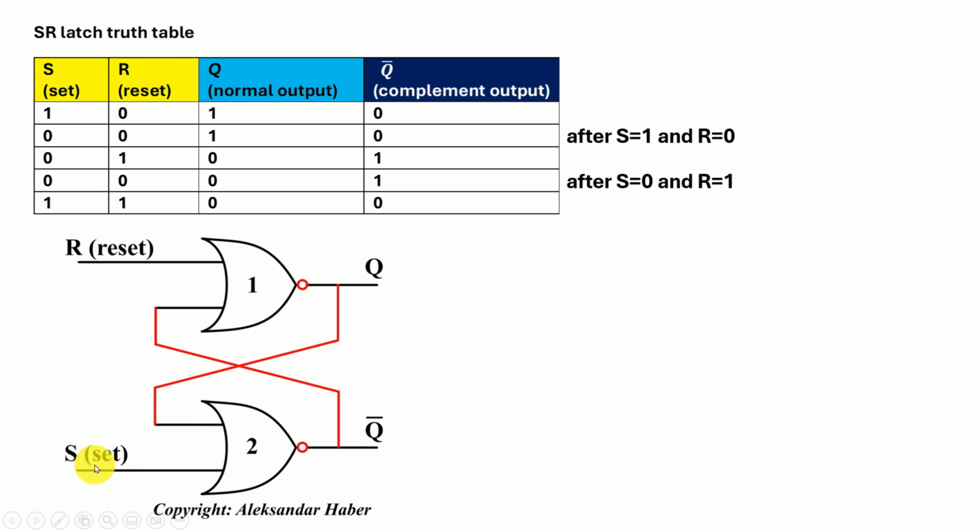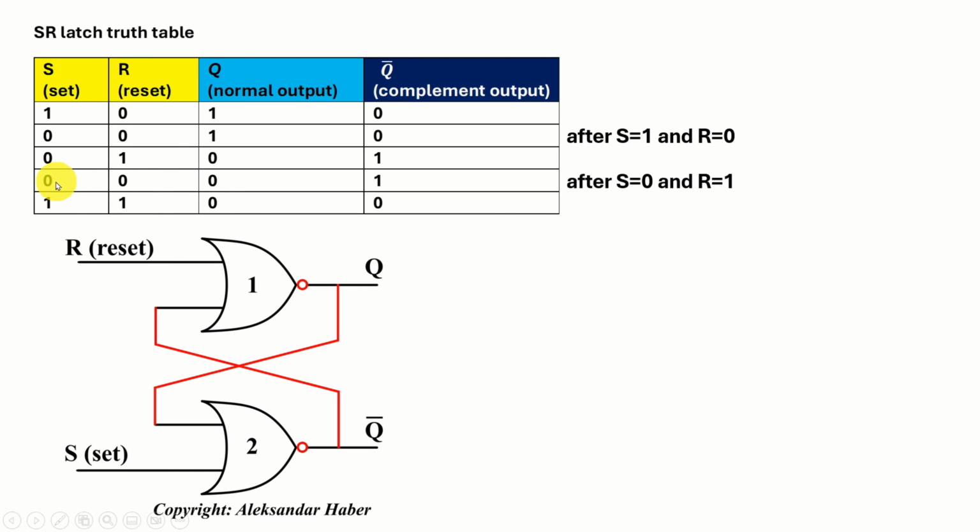Since over here we have 0 for set and 0 for this feedback signal, we have 1 over here. And consequently, we see that the normal output is set to 0 and the complement output is set to 1. That is, the reset will set the normal output to 0.